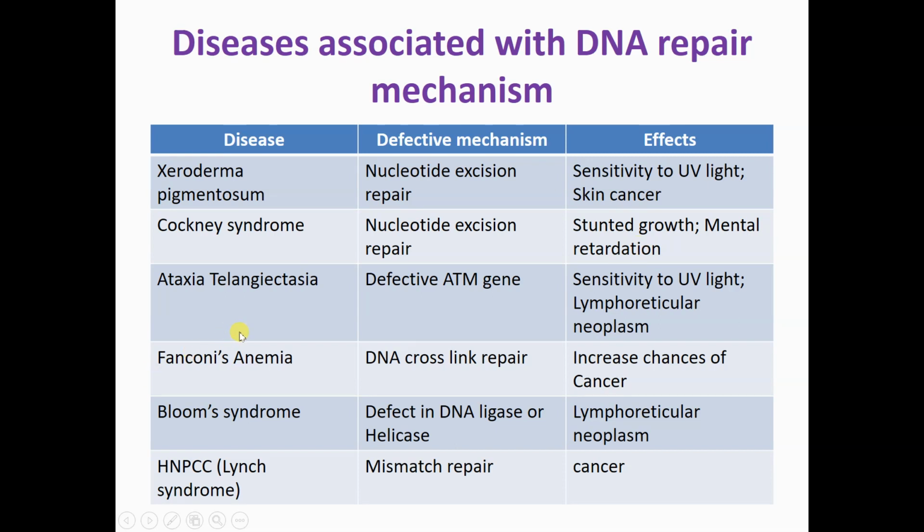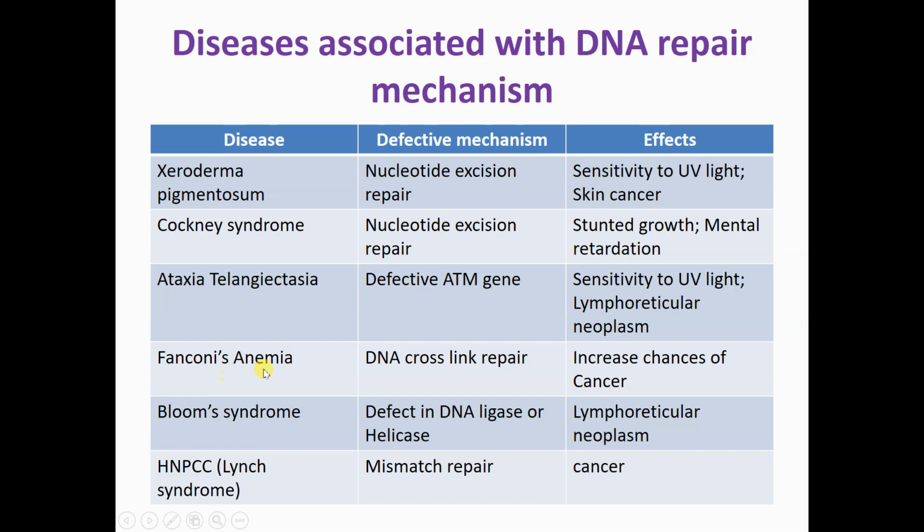Then ataxia telangiectasia. It occurs due to a defective ATM gene. This gene is required in prokaryotes or eukaryotes for the recognition of the defect. If the defect is not recognized, it cannot be repaired. It can lead to sensitivity to UV light and lymphoreticular neoplasm.